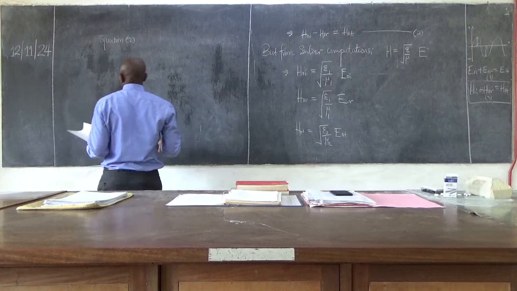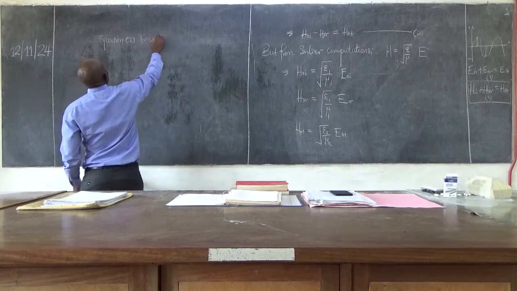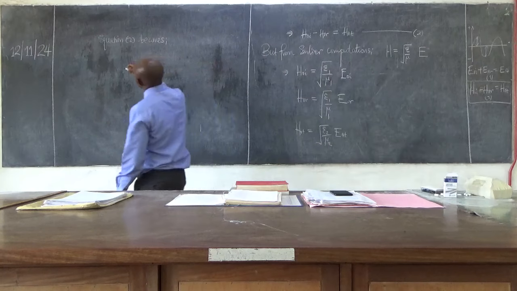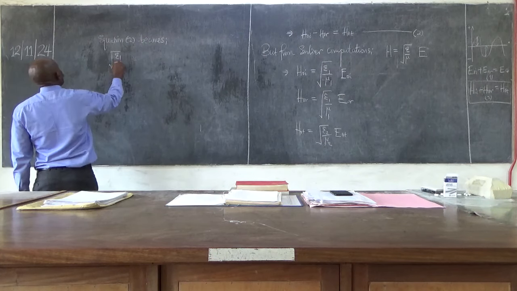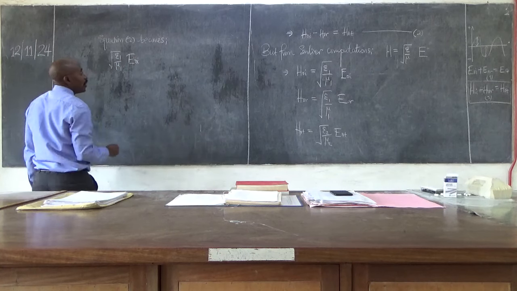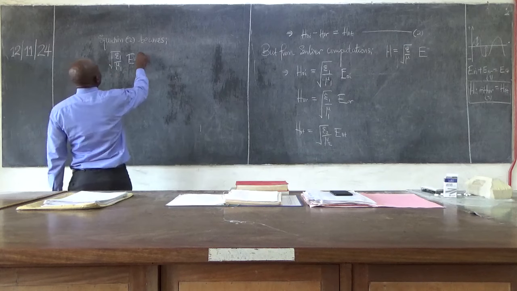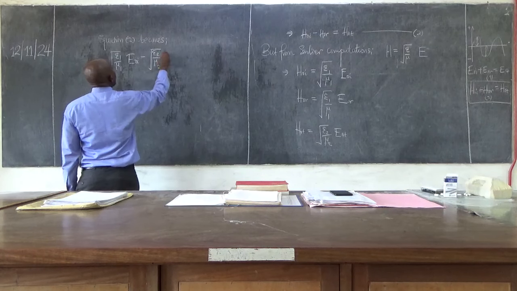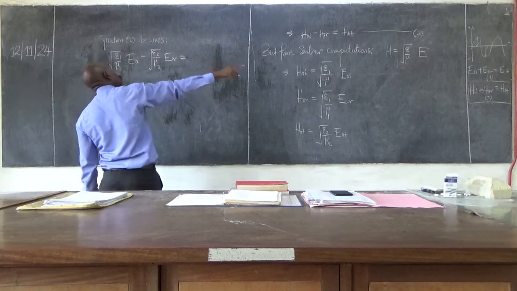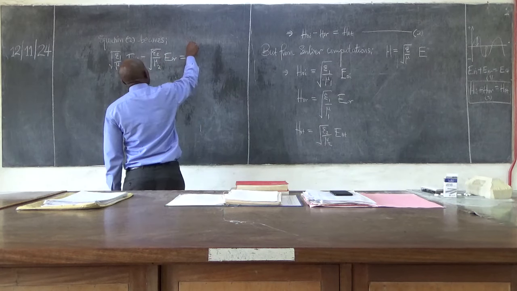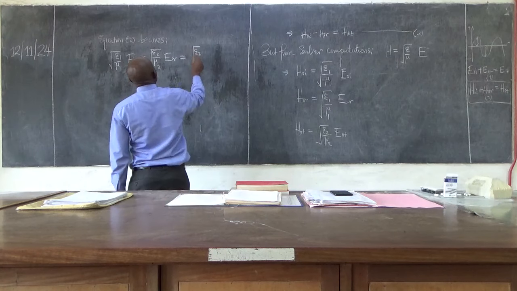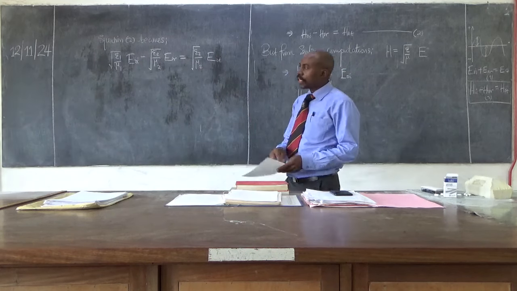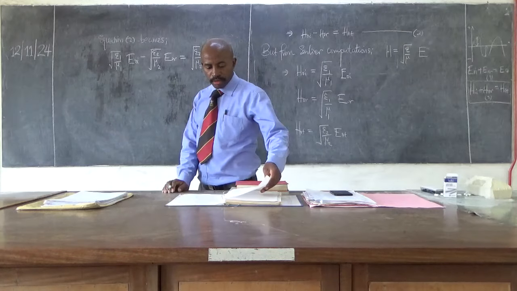So equation 2 becomes these two here, H and I is root epsilon 1 over mu 1 in Ri, then minus H and R, so this would be root epsilon 2 over mu 2 in Ri, and this should be equal to the transmitted H naught, which would be root epsilon 2 over mu 2 E naught. Okay.